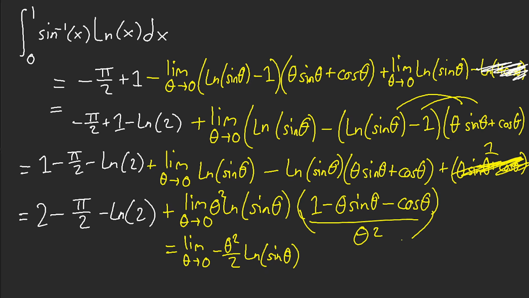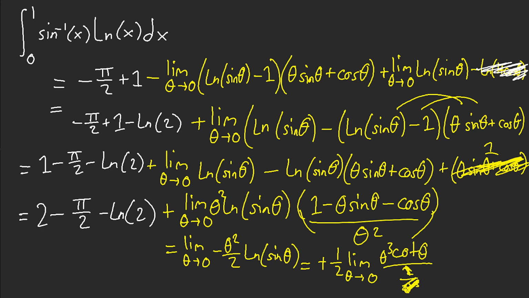Now I feel more comfortable doing L'Hopital's rule. This is negative 1/2 of the limit of theta. And then on top, we get cotangent theta. On the bottom, theta squared becomes 1 over theta squared, 2 over theta cubed. The negative cancels out. And then we get theta cubed.